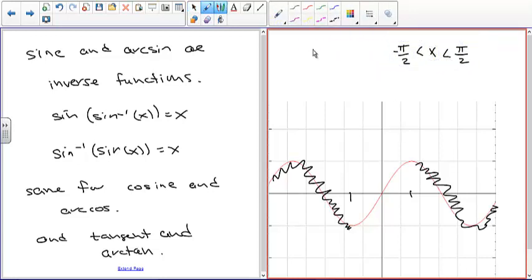So if I say the sine of x with the limited domain is one-to-one, okay, so now that it's one-to-one, I can have an inverse function of it.